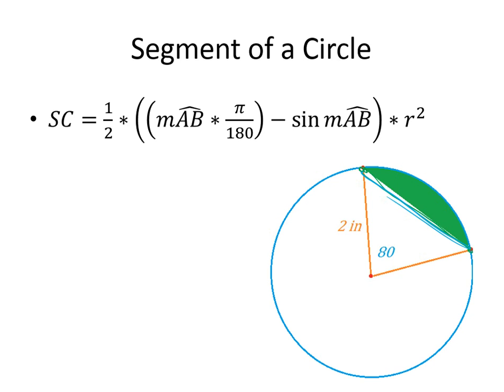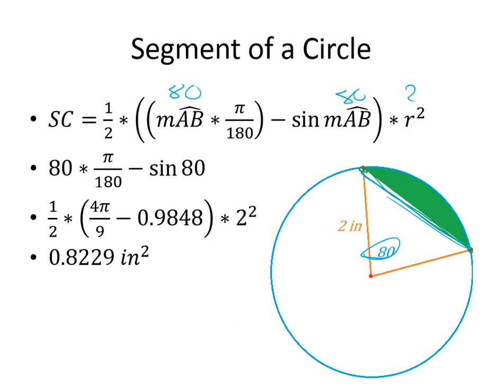Don't worry, you don't have to memorize it, but you're going to have to know of it and know how to use it. So the measure of AB is the central angle, or arc again, and then the radius.